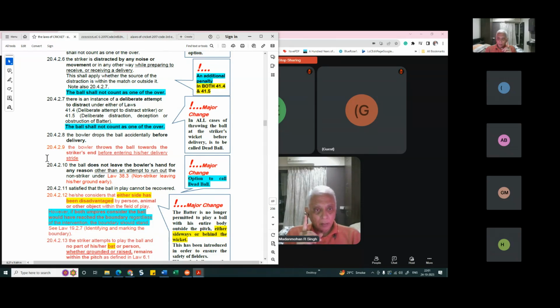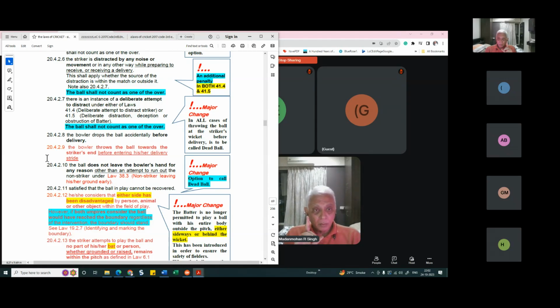And if he throws at the striker's wicket, who may be standing outside his crease, maybe 2 feet or whatever, and he throws there at that end, for a long time the law said that it would be no ball. Now the law says that it is dead ball. This is a new change.